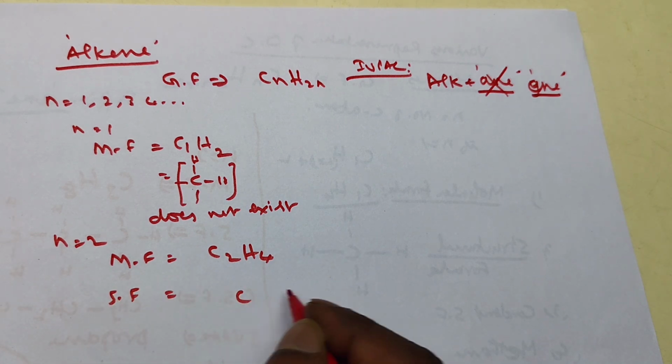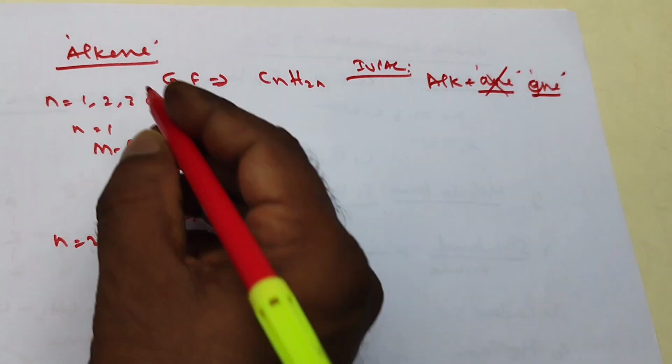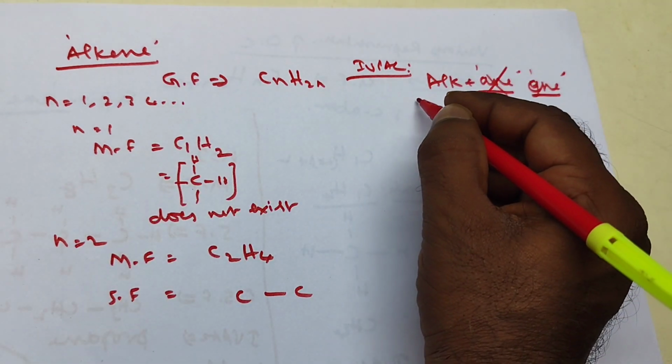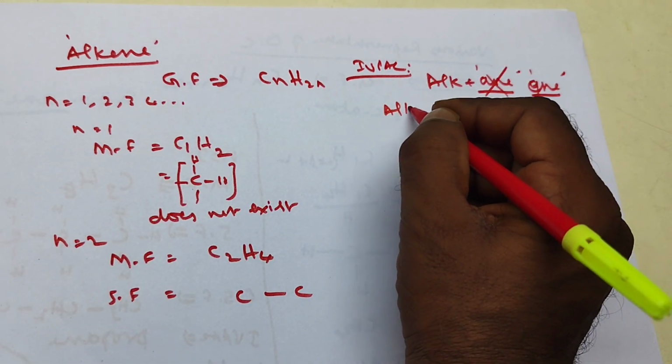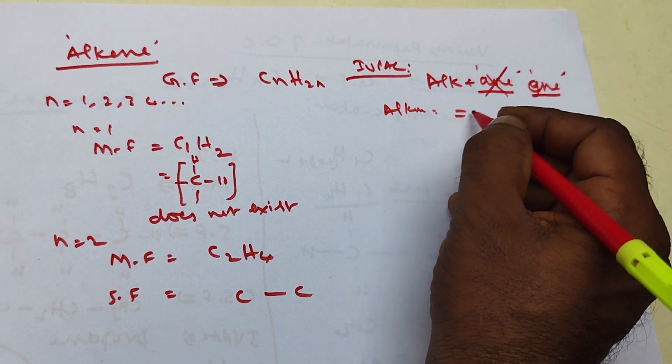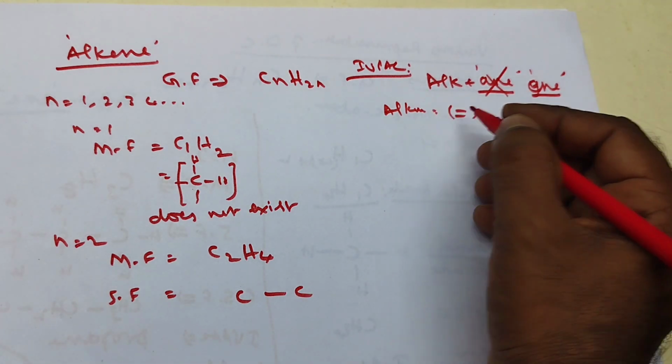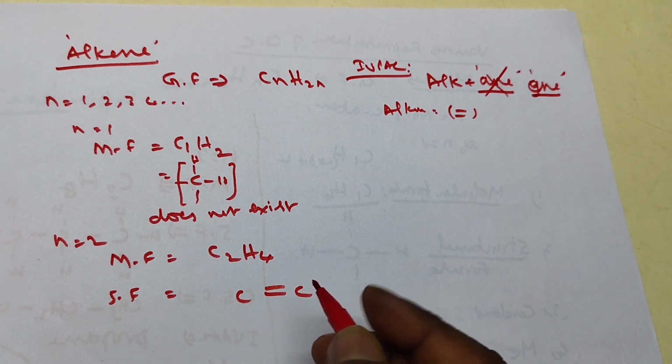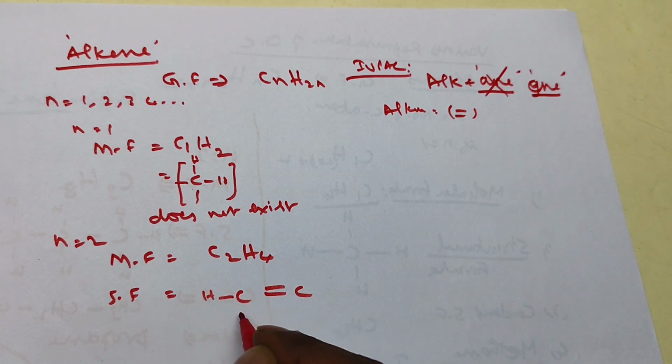You have to put 2 carbon atoms. In between, a double bond is there. Alkenes must have 1 double bond, a carbon-carbon double bond. Put a double bond, then you have to fill up the hydrogen atoms based on the valency.